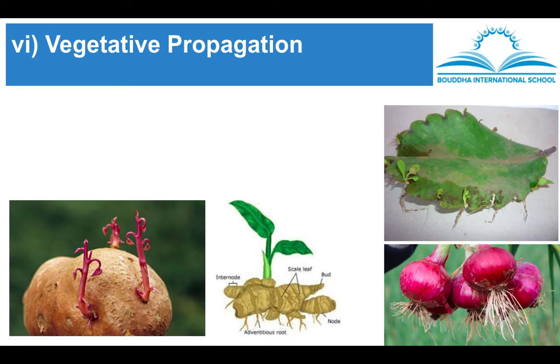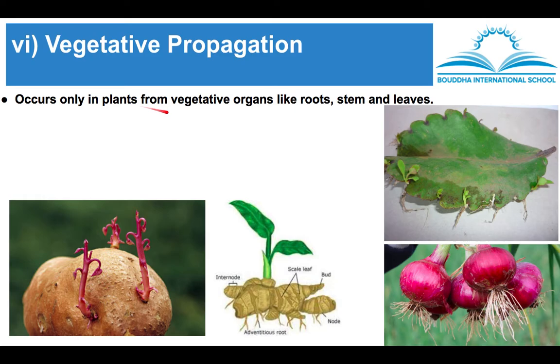For example, in plants, especially flowers and seeds take part in sexual reproduction. Except flower and seed, the rest of the body parts of plants are vegetative parts. And if those parts can produce a new plant, then we can call it vegetative propagation.